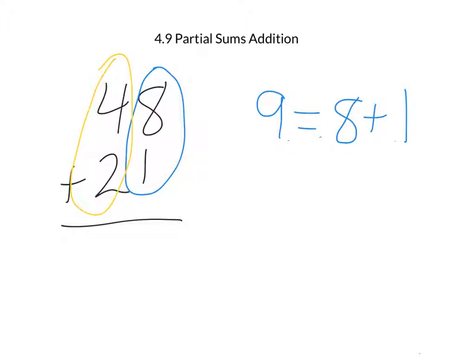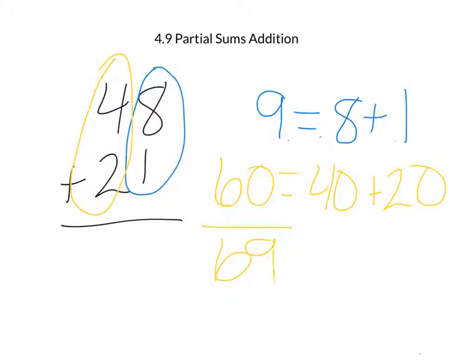Remember again, it's not 4 plus 2, it is 40 plus 20. When we do that, 40 plus 20 is 60. 60 plus 9 is 69, which is our answer to the problem.